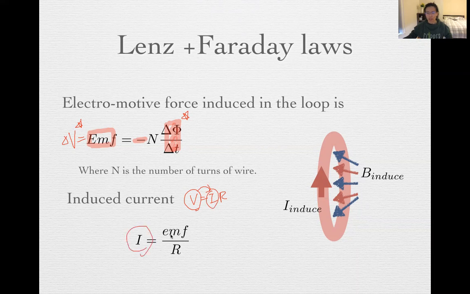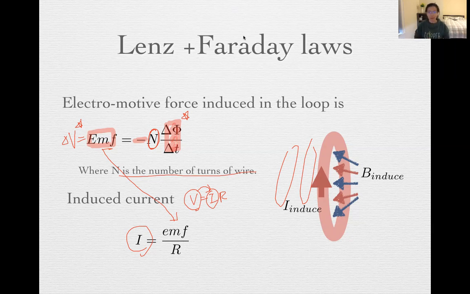So the current induced would be whatever V you get here, divided by R. And if you have more loops, they all create a voltage across them and they're all in series. If you add them up, there's a factor of N here, the number of turns of wire. So basically that's it. This is Faraday's law.